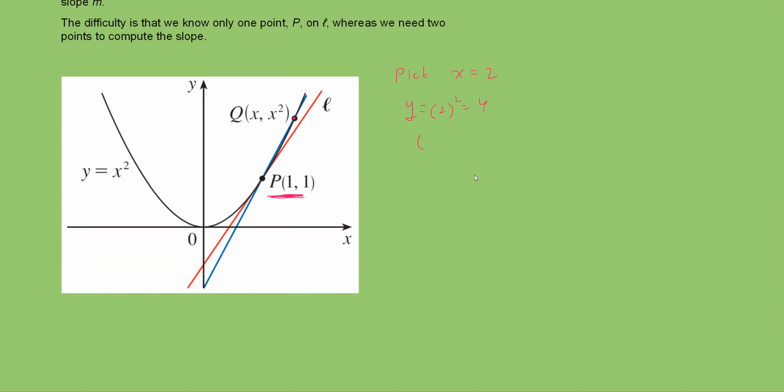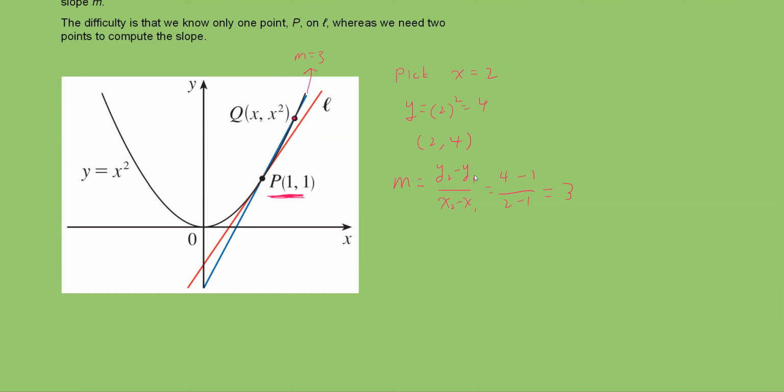So we have another point 2, 4. Now we can get the slope, which is rise over run, y2 minus y1 over x2 minus x1. That's 4 minus 1 over 2 minus 1, which gives us positive 3.